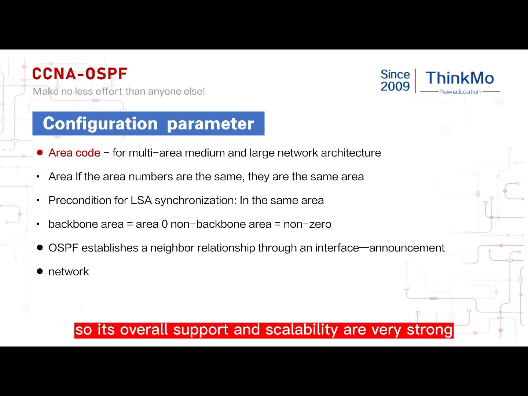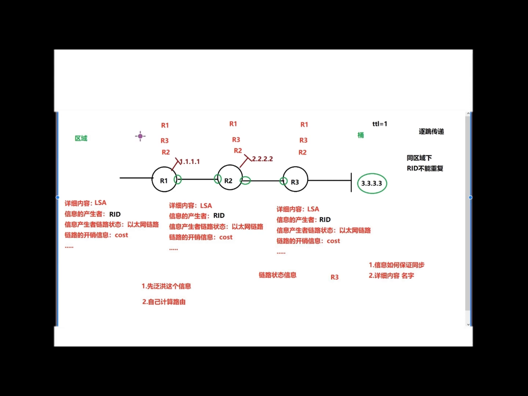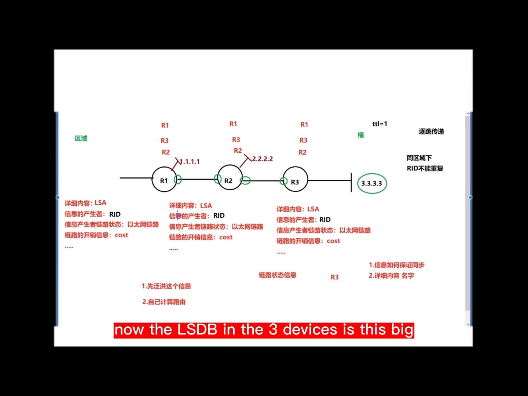So its overall support and scalability are very strong. It can support a lot of devices. When the number of devices reaches a certain number, all devices in OSPF exchange LSAs with each other and synchronize the overall LSDB. Now the LSDB in these 3 devices is this big.